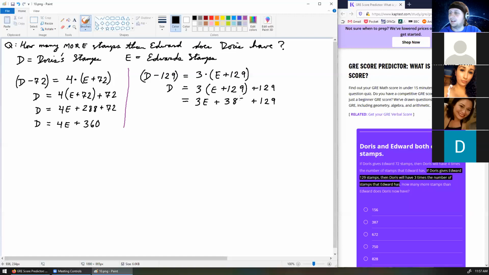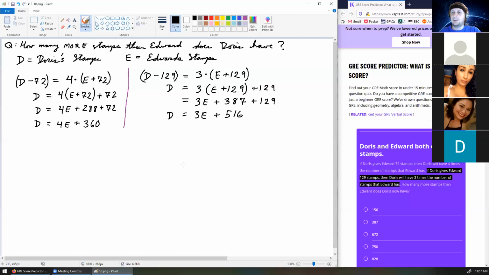Okay. 129 times 3, plus another 129 is 516. Okay, great. So D equals 3e plus 516.